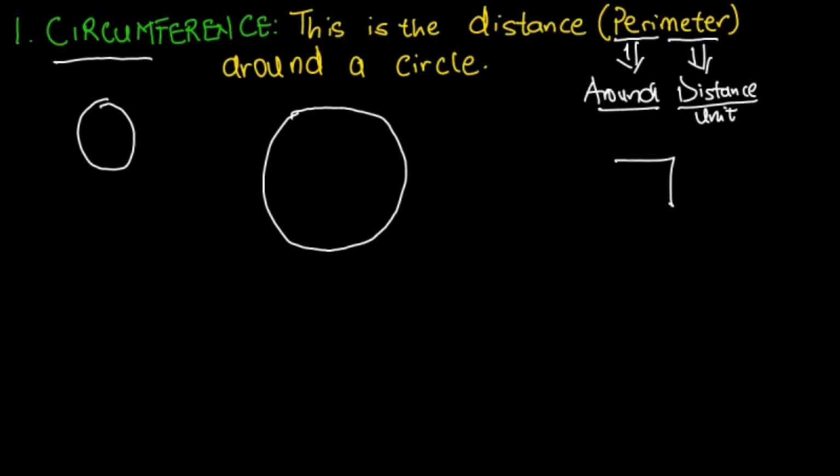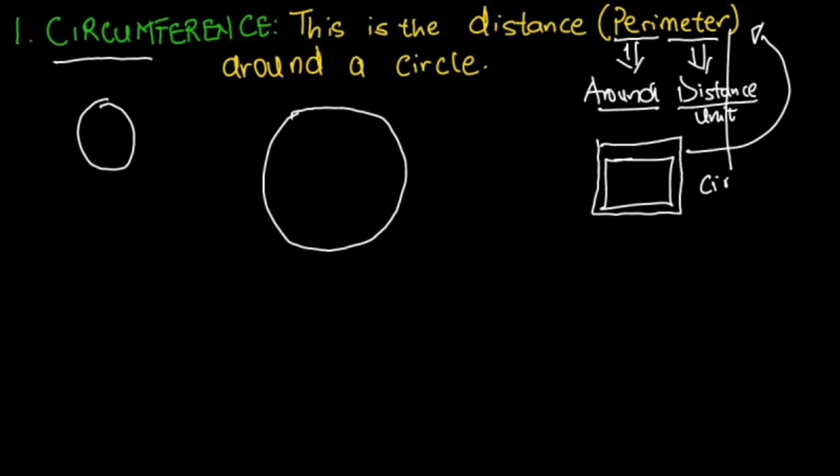So if we have a square, for example, the distance around from here to here, down to this part, down to this part, and down to this part, the distance around this shape is what is rightly referred to as a perimeter. But the perimeter of a circle is specially called the circumference.